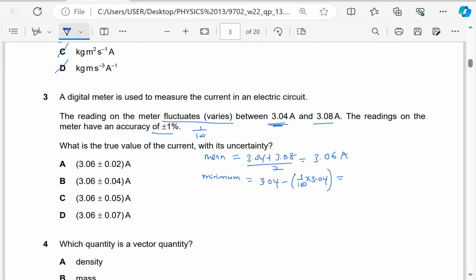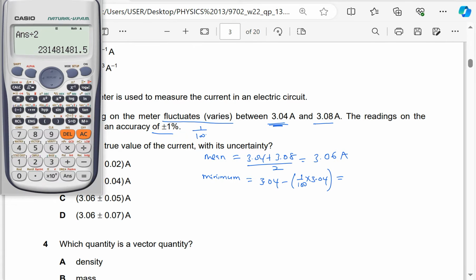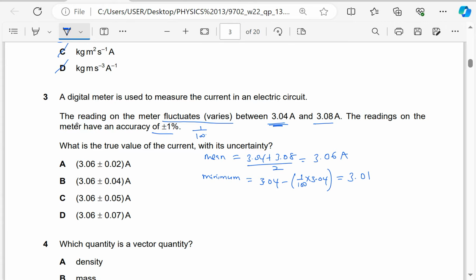This is the least possible value for that fluctuation. So this is going to be 3.04 divided by 100. Then I subtract this from 3.04. So this gives me, to three significant figures, 3.01 amperes. That is the minimum value.